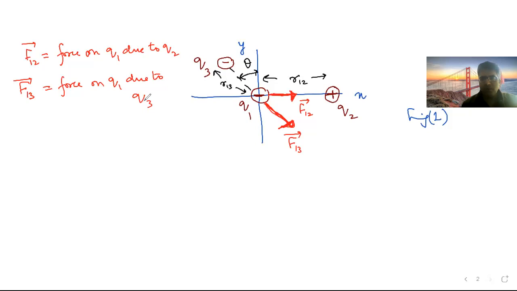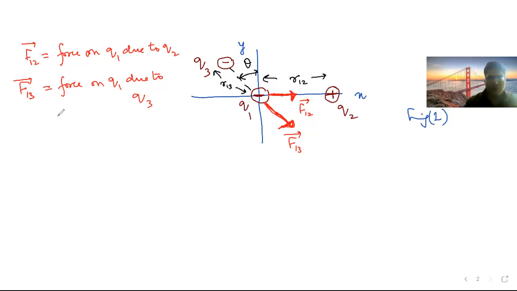F12 is force on Q1 due to Q2. Q2 is attracting Q1. Q3 is repelling Q1, right? And we are supposed to find net force on Q1. So what we will do, we have to use the superposition principle.